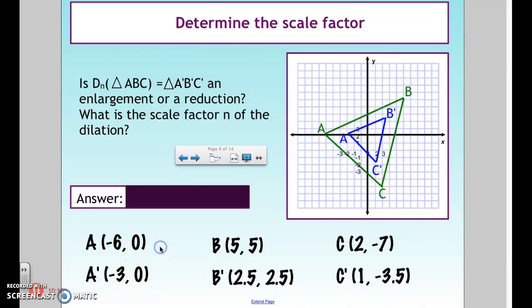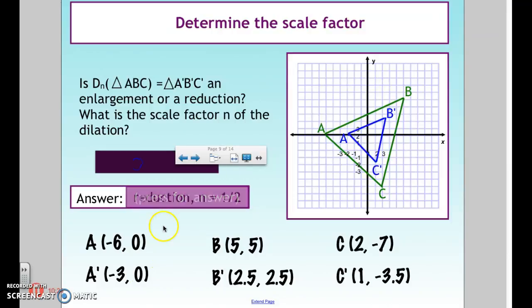So -3 over -6 and reduce it should give you that it's a reduction by 1/2. Again, if I take 2.5 over 5, if I take 1 over 2, always put your image over your pre-image to figure out your scale factor.